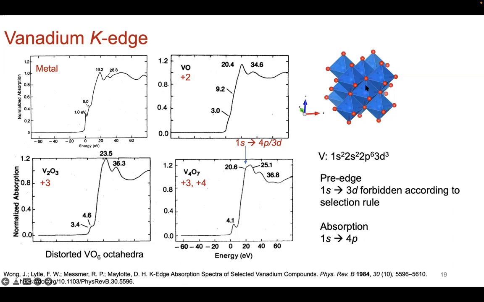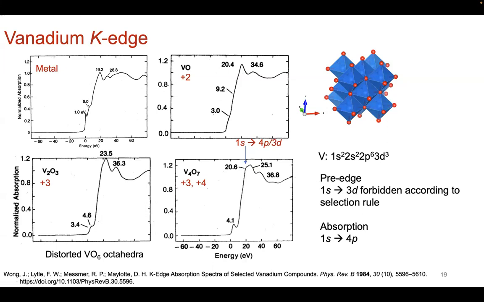So this is the octahedra that are within VO. Okay. So the pre-edge is saying that there's an emergence of some absorption coefficient. So the absorption probability is increasing as you're increasing the oxidation state, because it's allowing the 3d, 4p mixing that was forbidden before.